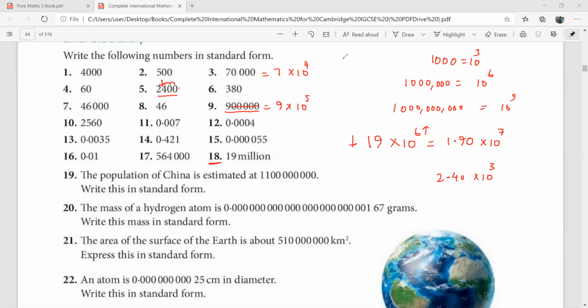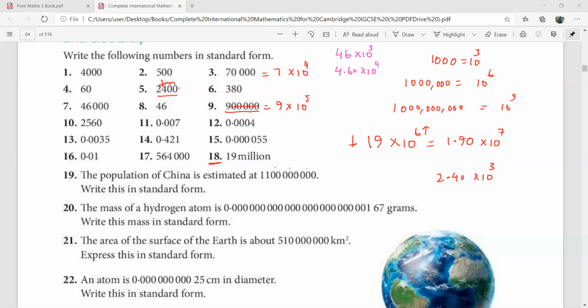46,000. So 46,000 is initially 46 times 10 cube. And then you can write it as 4.60 into 10 raised to power 4. Look at this, this is 1, 2, 3.